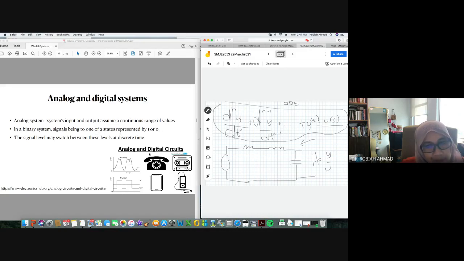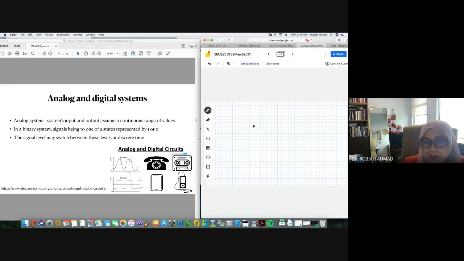For example, let me give an example with pressure, say a piezoelectric. A piezoelectric works based on pressure. When there is pressure, there will be a difference in voltage, so there will be different voltage values. If we have a mechanical system, say a piezo here, the physical input will be pressure.